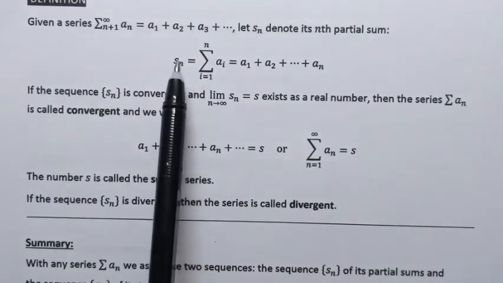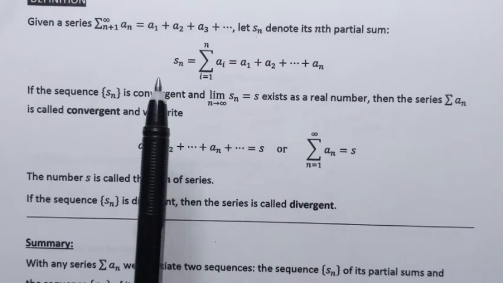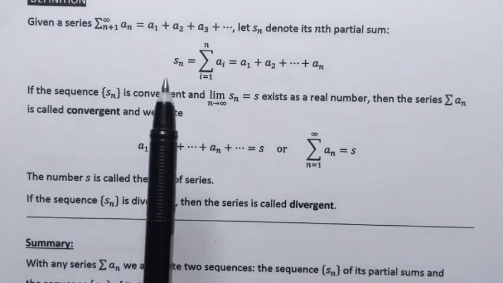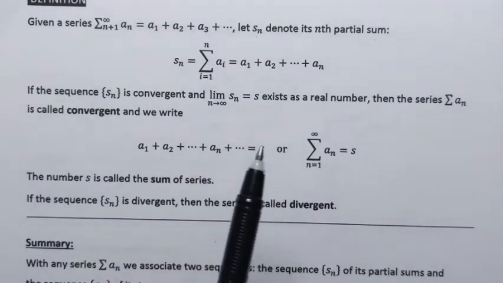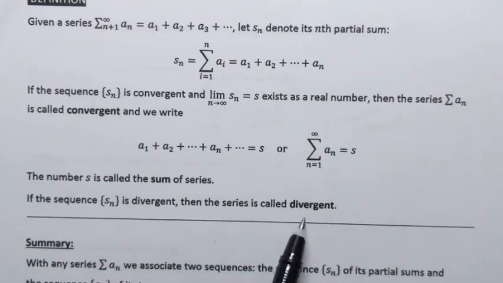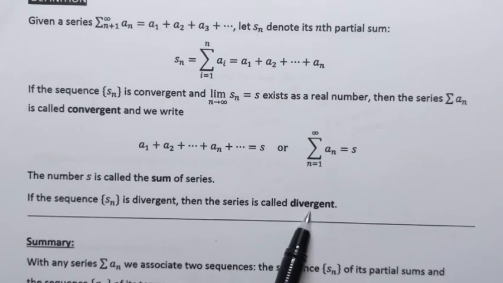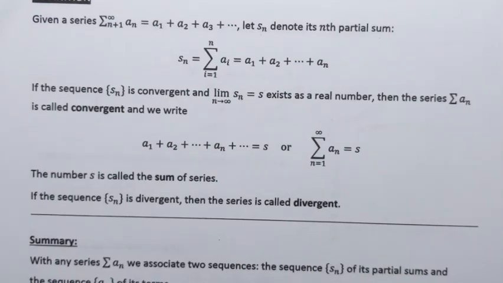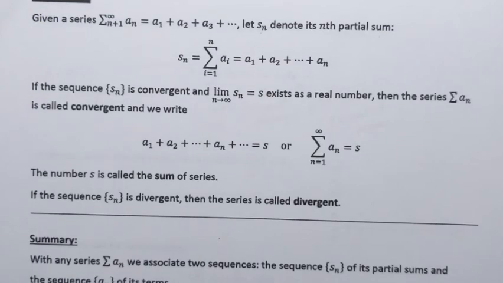So it means that as you find partial sums, you notice that they're not approaching one number, or they're approaching infinity. So they keep growing and getting bigger and bigger, or approaching negative infinity. That's also a possibility. So when that sequence is divergent, then the series is also going to be divergent. So that's the official definition of convergence and divergence of a series.